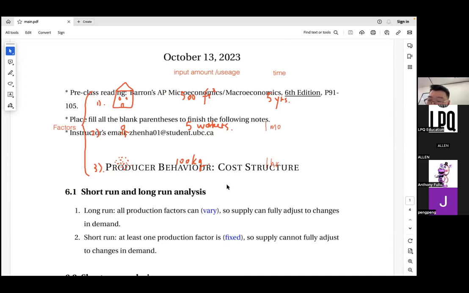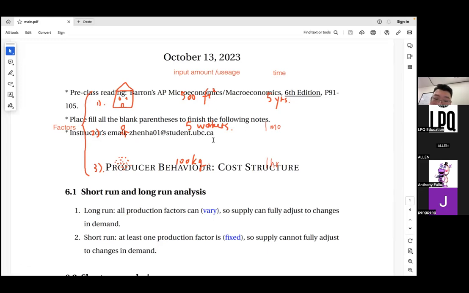That type of situation is a long run analysis. One more word finally: in the long run, all the resources are variable resources. But in the short run analysis, at least one production factor is fixed.